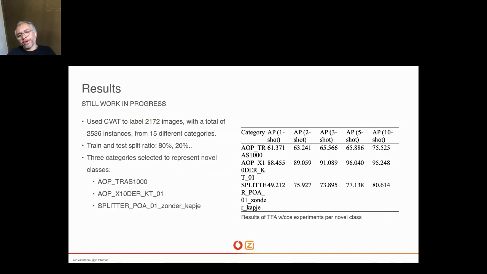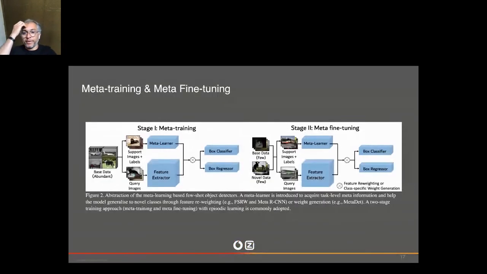And we split the training and test in an 80-20% ratio, and from the 15 categories that we had in total, we selected only 3 of them to represent the novel classes. The other 12 remain as our base data. So we have the base classes of the base dataset, as you can see in the picture.